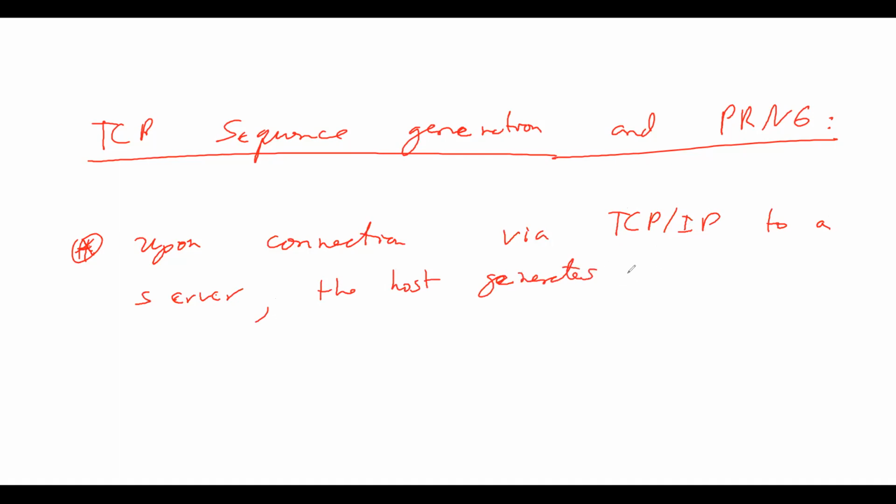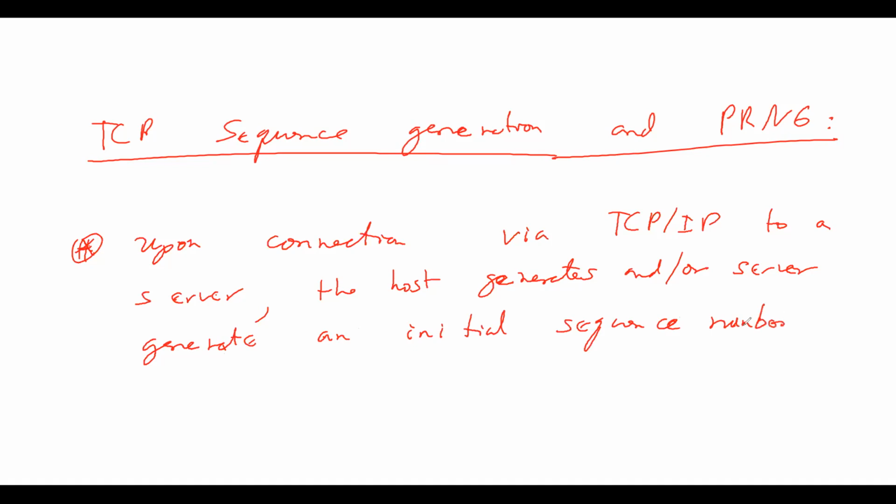The host and/or server generate an initial sequence number. These are called ISNs.